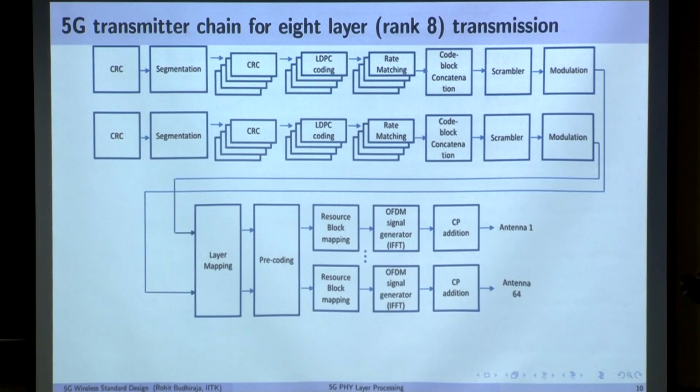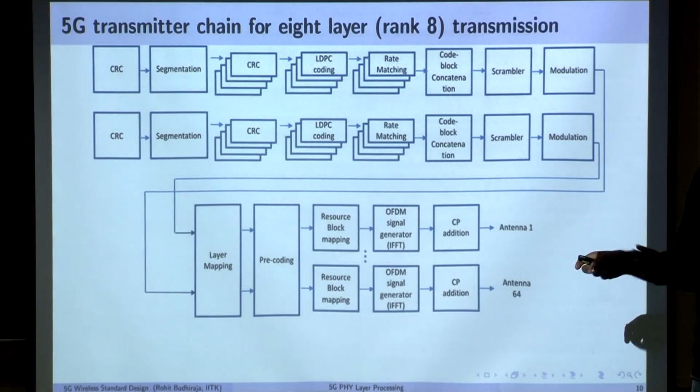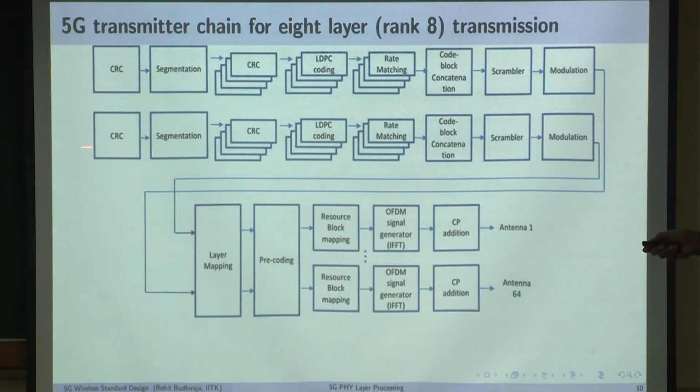We calculated the MCS for each layer, using log of 1 plus SNR. So this transport block could be seeing a different SNR from this one. It is not necessary that both of them will have the same MCS. You could be transmitting 16 QAM over here and 4 QAM over here. That could happen. Both of them undergo this processing.